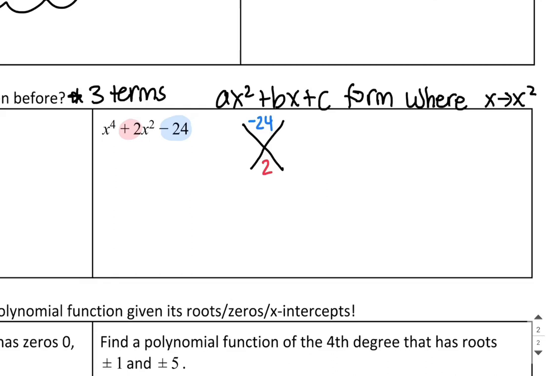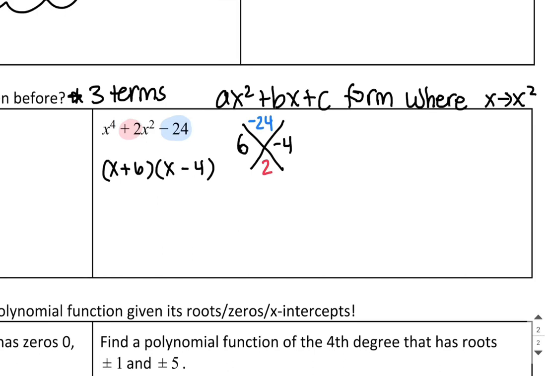And then I'm going to see that that is positive 6 and negative 4. So this would break down into x plus 6 times x minus 4, except instead of x here, I have x squared.